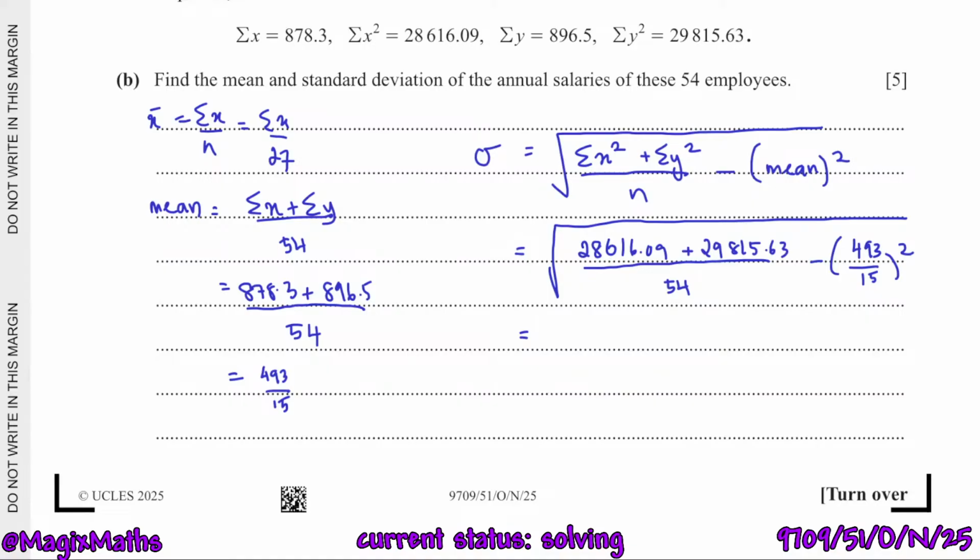The square root of that is 1.36, and that's rounded off to 3 significant figures. Let's just round off our mean value here as 32.9. So that's in thousands.